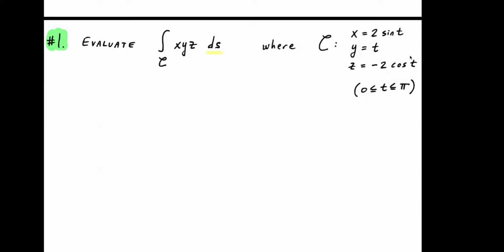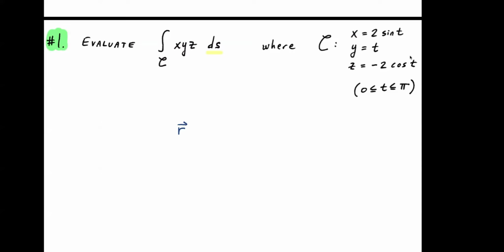To set up the integral into something that can be evaluated, well, we already know what x, y, and z look like in terms of the time variable t. The only other thing we need once we have the parameterization is we need to work out, in this case, the speed of the particle.